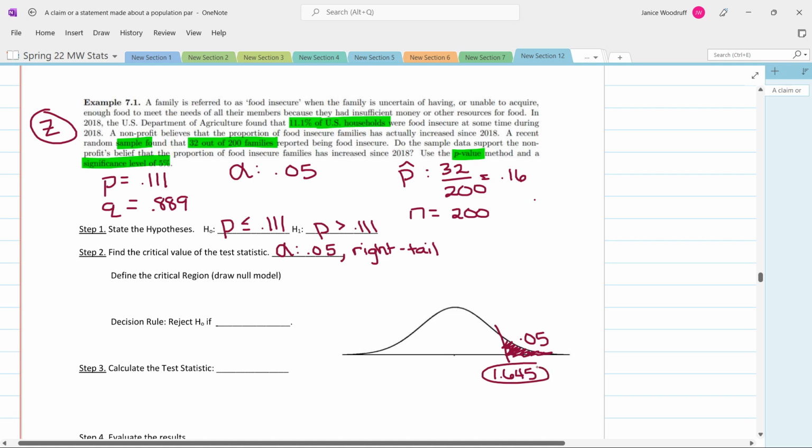So that is going to be our critical value. We will reject the null hypothesis if we get a z greater than 1.645, because this shaded area right here is our rejection region.